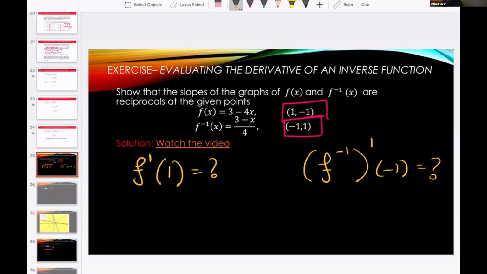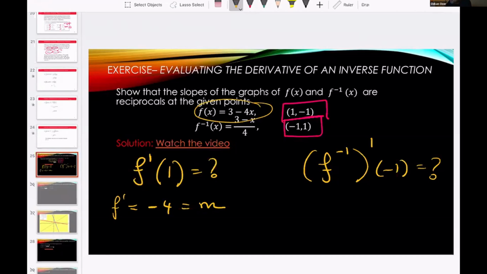Once we have these two slopes, you want to show that they are reciprocals of each other. Let's first start at f prime. That's easy. f prime is the derivative of 3 minus 4x, and that is just negative 4. That's good because there's no x term in f prime. It's fixed, constant, negative 4. So the slope of f at 1 is just negative 4.